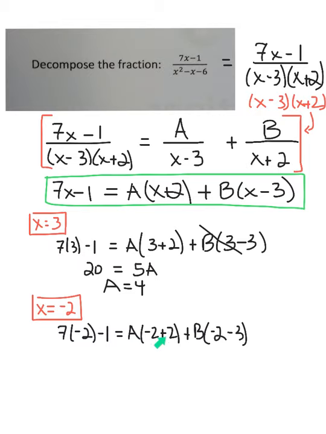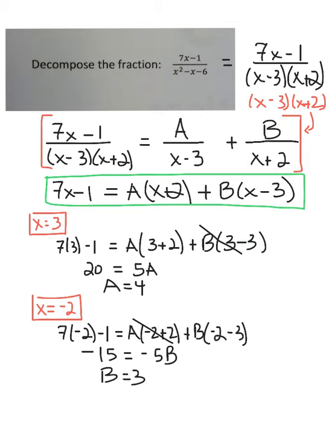In the future, you don't need to write this, and you don't need to write this, but I'm just writing it for the first time so that you see where I'm getting everything from. That's going to cancel out. So on the left I've got negative 14 minus 1, which is negative 15, equals, and on the right I have negative 5b. So then you can see that b is equal to positive 3.